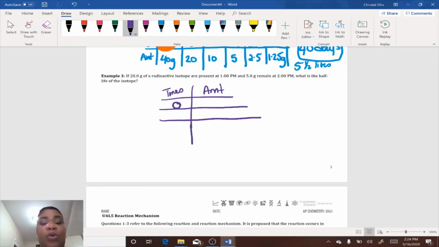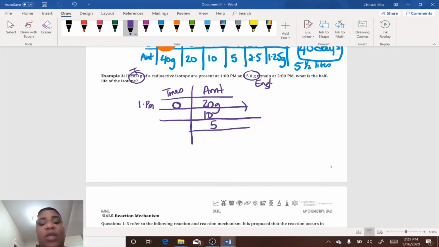But what we do know is that we're starting out with 20 grams. This is your initial amount. Initially at 1 p.m., you had 20 grams. And then 5 grams remain, so we're trying to end at 5 grams. We're going to see how many half-lives we went through. If you had 20 grams initially, half of that would be 10, and then half of 10 would be 5.